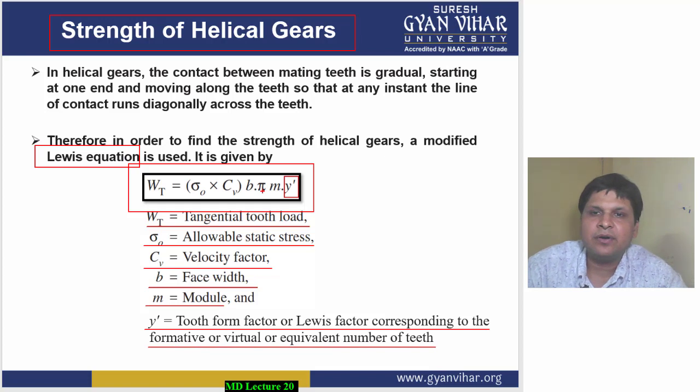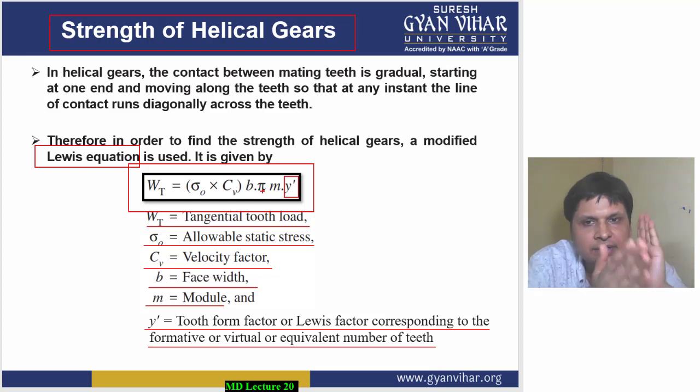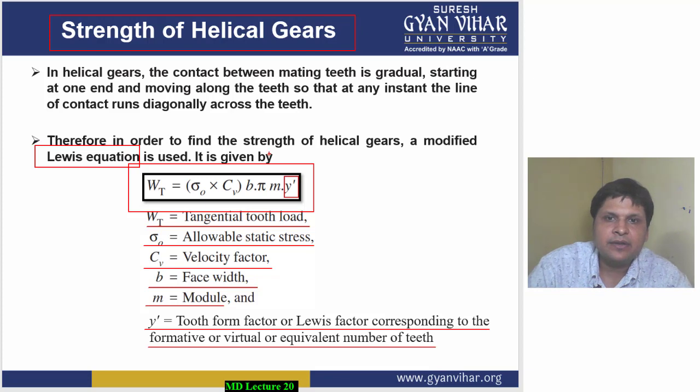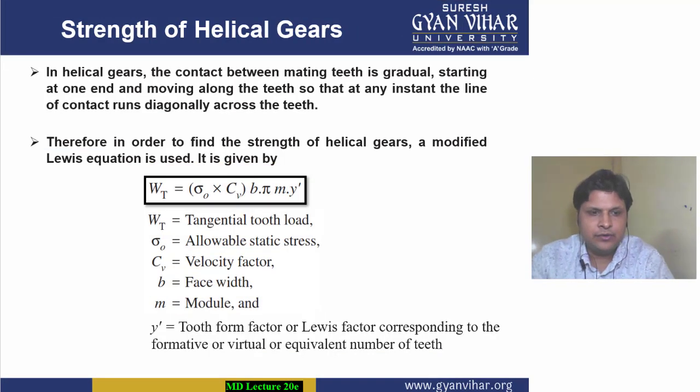In helical gears, the contact between mating teeth is gradual, as I have already told you, starting at one end and moving along the teeth, so that at any instant the line of contact runs diagonally across the teeth. So this is the Lewis equation which we will use in the design of helical gears. This Lewis equation is very important.